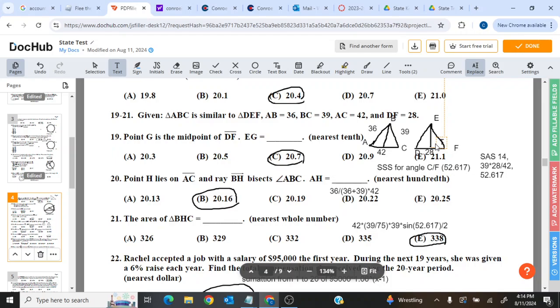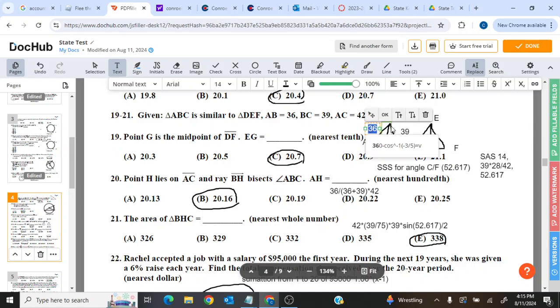Point H lies on AC, and ray BH bisects angle ABC. AH is equivalent to what? This is your angle bisector again. You have your corresponding side of 36, and you have your entire thing of 36 plus 39, so 75.